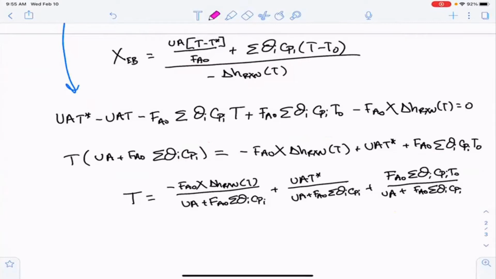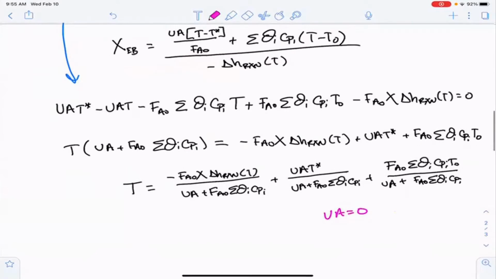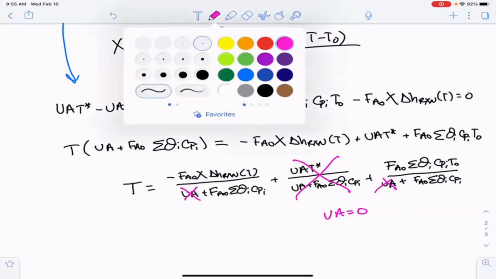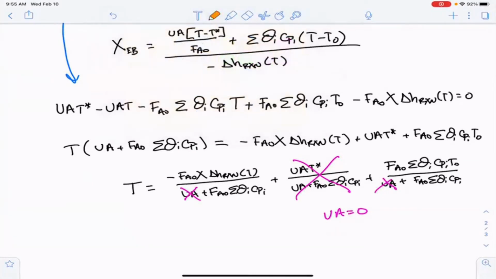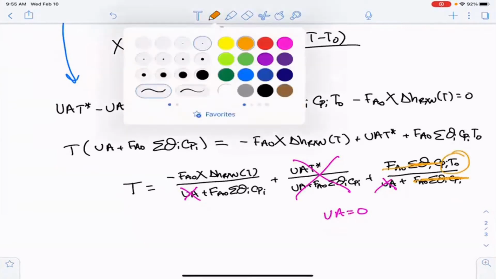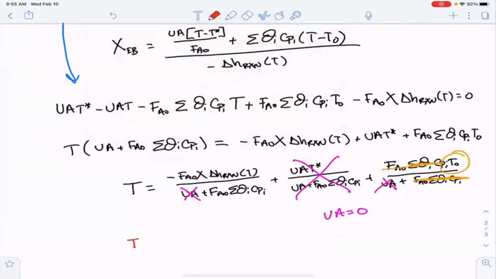And when is there no heat transfer? When UA is equal to 0. So when UA is equal to 0, this whole term goes away, and this whole term should go away. When that happens, this will cancel with this, and you're just left with T0. And so we are then left with T.